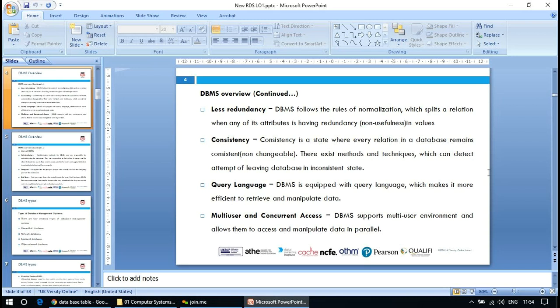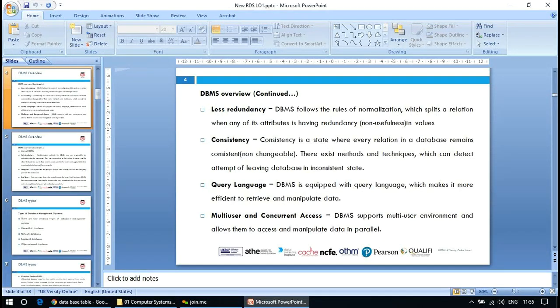For example, if you created a student record, and the student correspondence address is stored in the student table, and possibly the subjects studied by the student is another table, would it be sensible that you always store the student address in the subjects studied by the student? No. What happens when you repeat it?